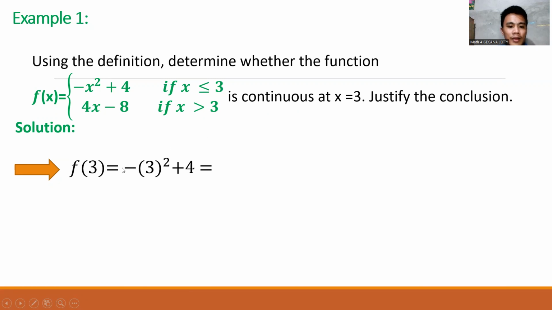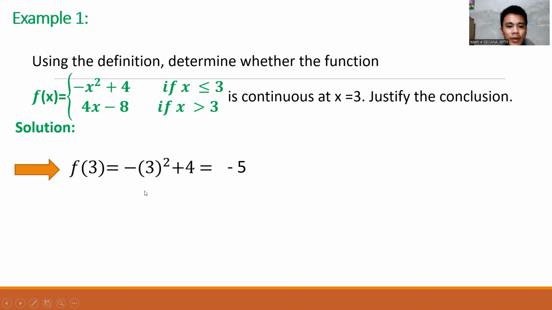So we have negative 3 squared plus 4. We substitute 3 for x, so the answer is negative 5. As we can see, f at x equals 3 is defined at negative 5. So now let's proceed to condition 2 because f of c exists.